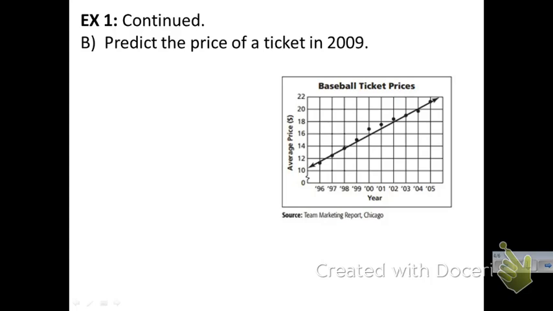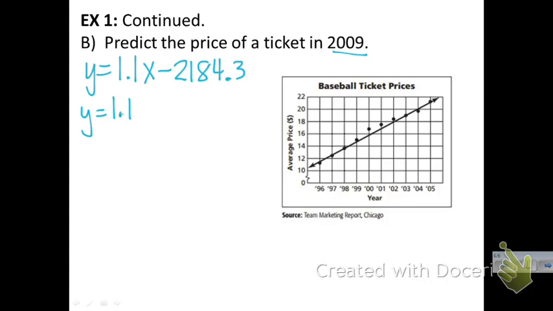So let me grab that equation and I'll write it down, and then we can move from here. So our equation was y equals 1.1x minus 2184.3, and this says predict the price of a ticket in 2009. You could probably predict this without this equation, but we'll go ahead and use the equation. We had somebody predict it in class without using the equation. Now because 2009 represents our years as x, we're going to go into this equation and replace x with 2009.